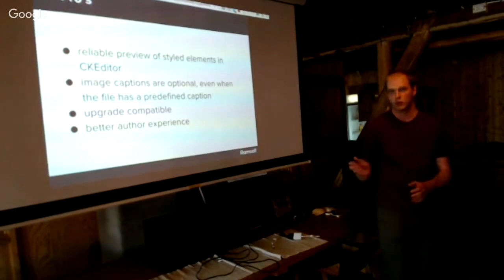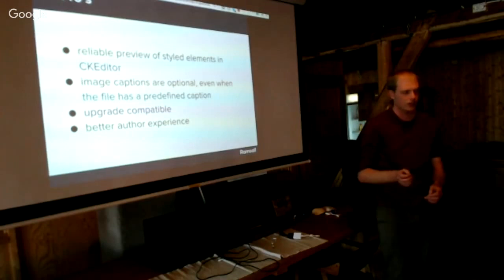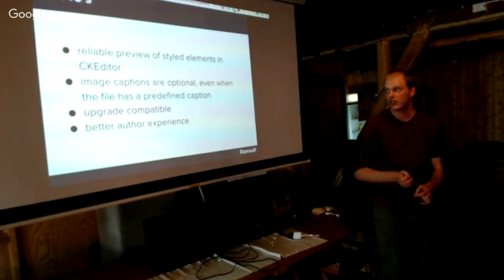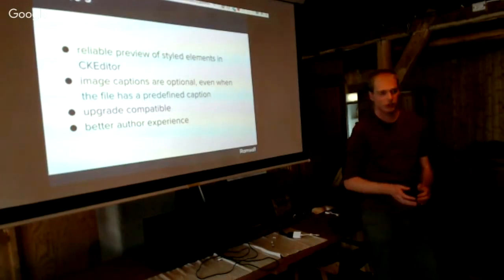And this solution also provided us a more trustworthy solution that we will not lose images, entities, or properties attached to already existing articles. So we were able to provide a solution with optional image captions. They were upgrade compatible, and all in all, author experience was improved.